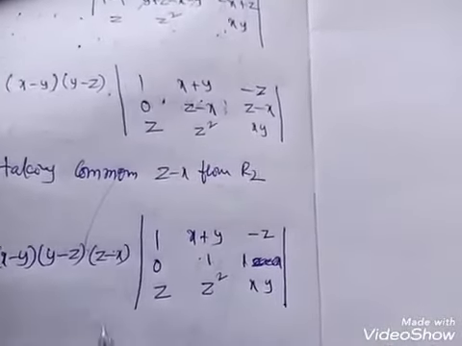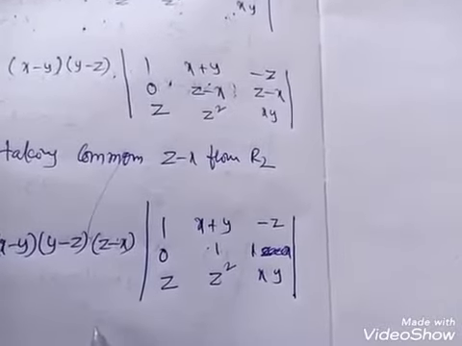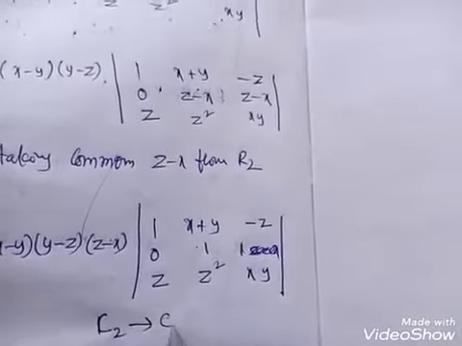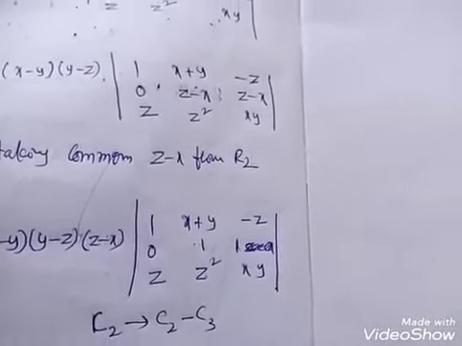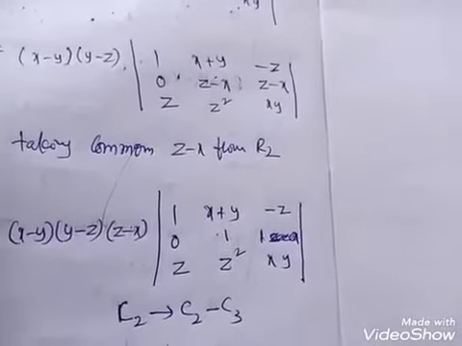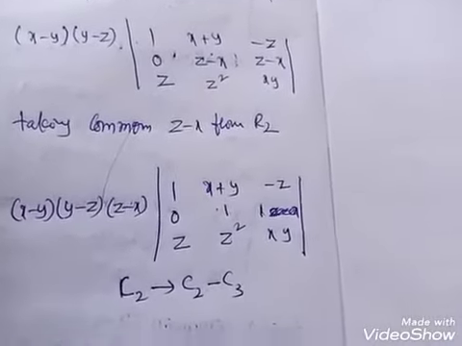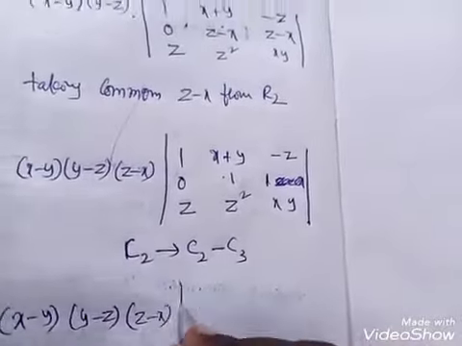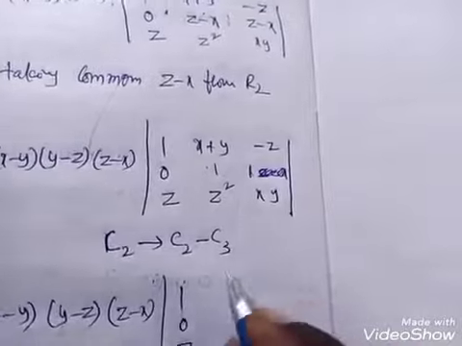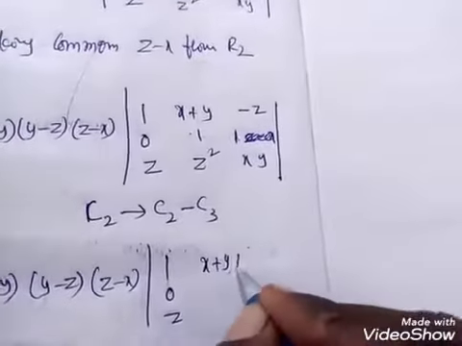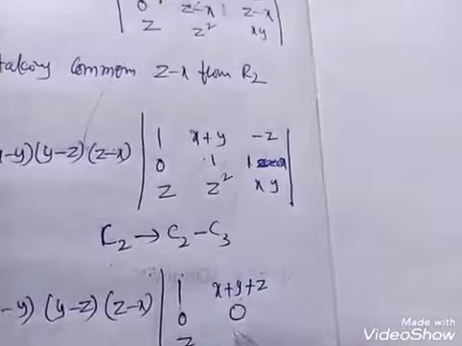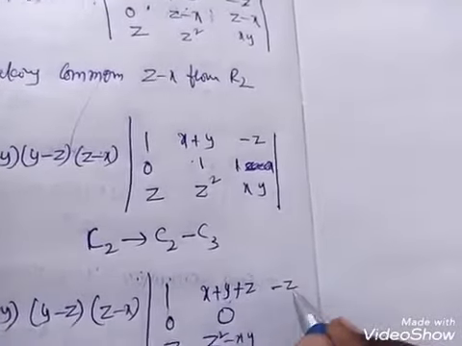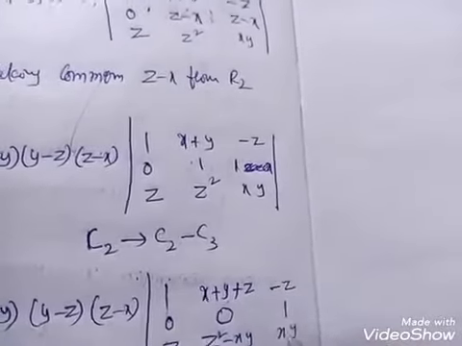Now here further also you can go for one more operation for our convenience: C2 gives rise to C2 minus C3. Then what are you going to get? Observe: x minus y, y minus z, z minus x into the determinant of 1, 0, z, x plus y plus z, 1, minus 1, 0, z square minus xy, and this is minus z, 1, xy.